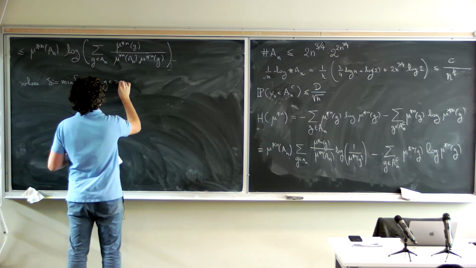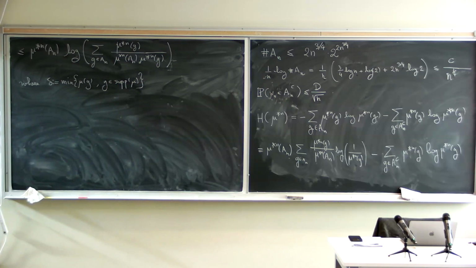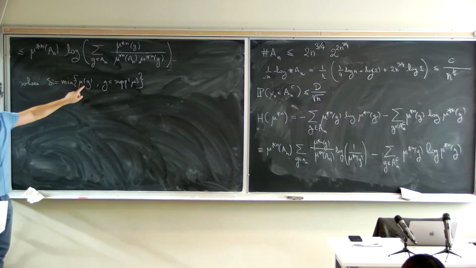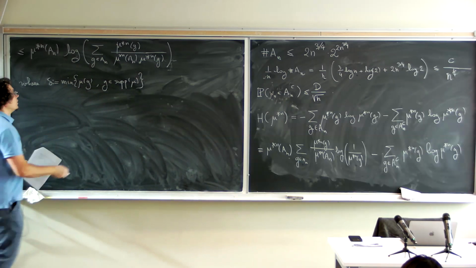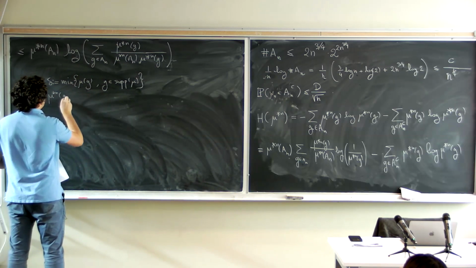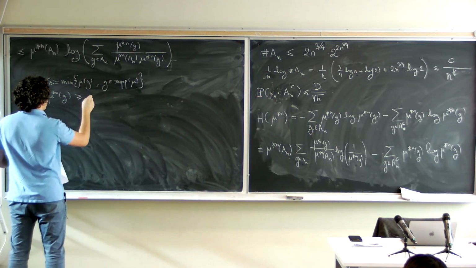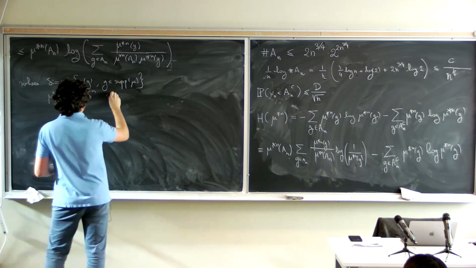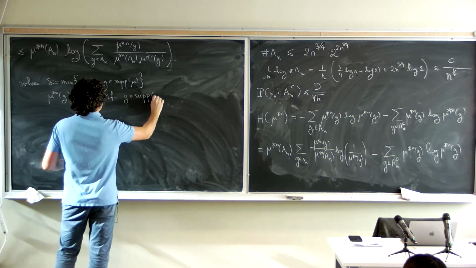So this is a finitely supported measure. In that case, you know that the minimum of mu(g) is delta, so mu star n of g is bounded from below by delta to the n if g is in the support of mu^n.